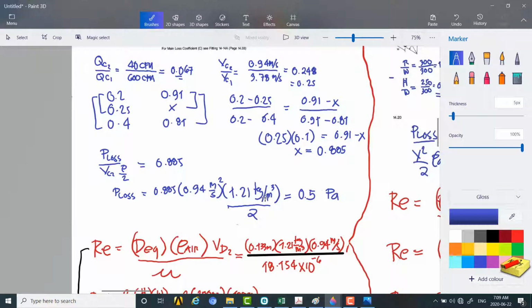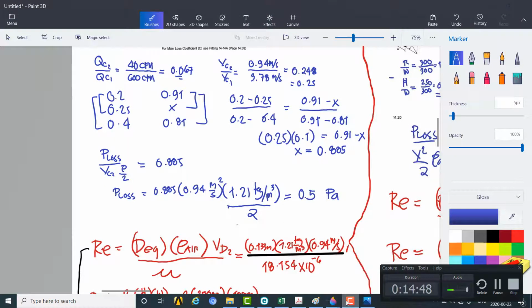Usually you cancel meter, kilogram square meter second, so we cannot achieve the kilogram meter per second squared. So that's why it is very important that you check your units all the time.